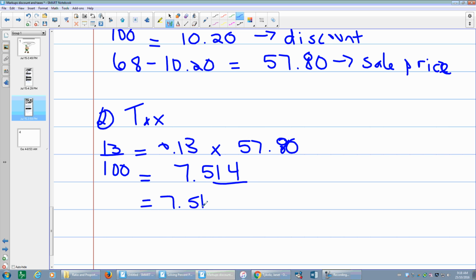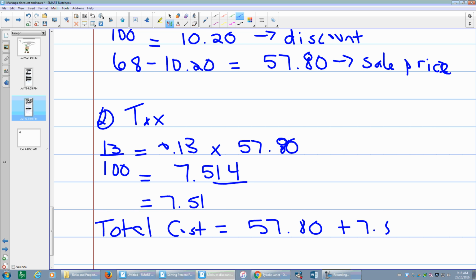So now to figure out the total cost, I take my sale price, which is $57.80, and I add it with the tax, which is $7.51, and put that into your calculators and tell me what you get. You should get $65.31.